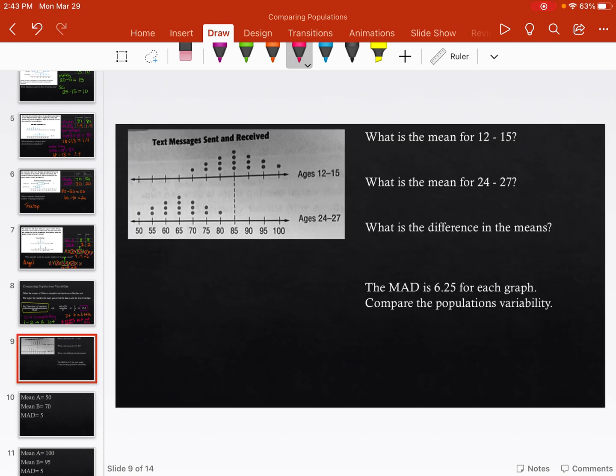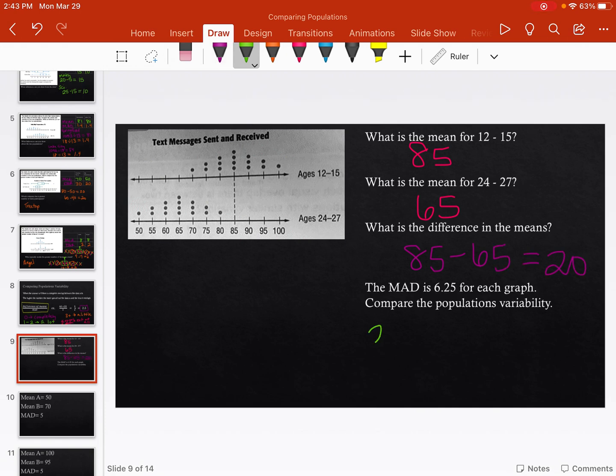Okay, so let's practice. So I'm just going to tell you these numbers real quick, because usually I would give them to you. The mean for this first one is 85. The mean for the second one is 65. Then we want to find the difference of those means. So we're going to do 85 minus 65, which gives us 20.